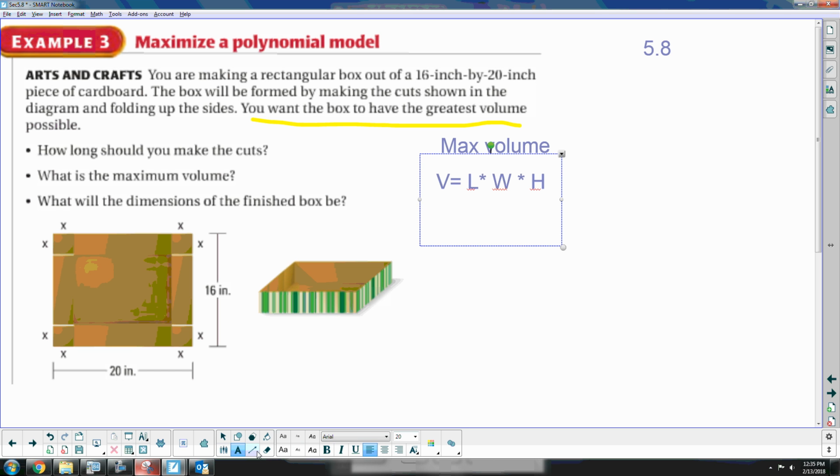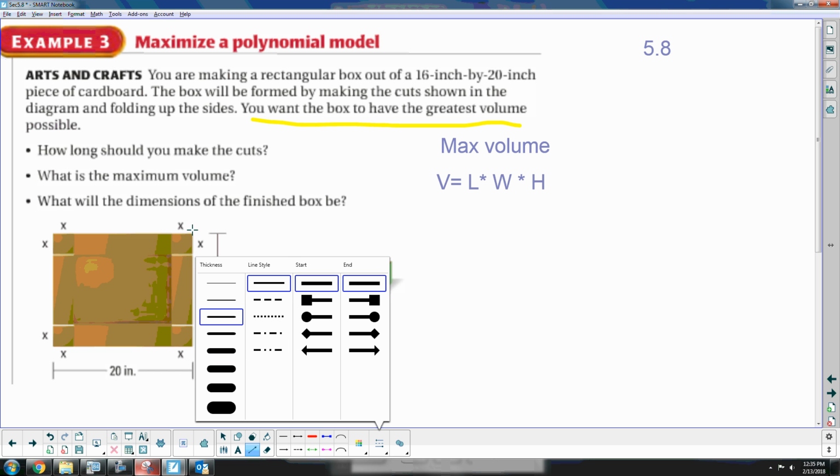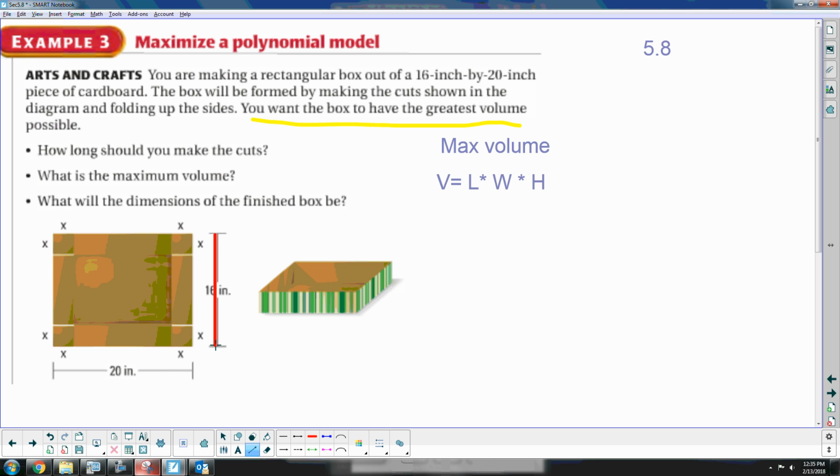Now let's look at the volume of the box. We have this rectangular piece of cardboard, and we'll call this the width, and we'll call this the length. Now, the width of the cardboard is 16 inches, but we're not looking for the width of the cardboard because we're looking for the width of the box. So the width of the box actually is only going to be this long.